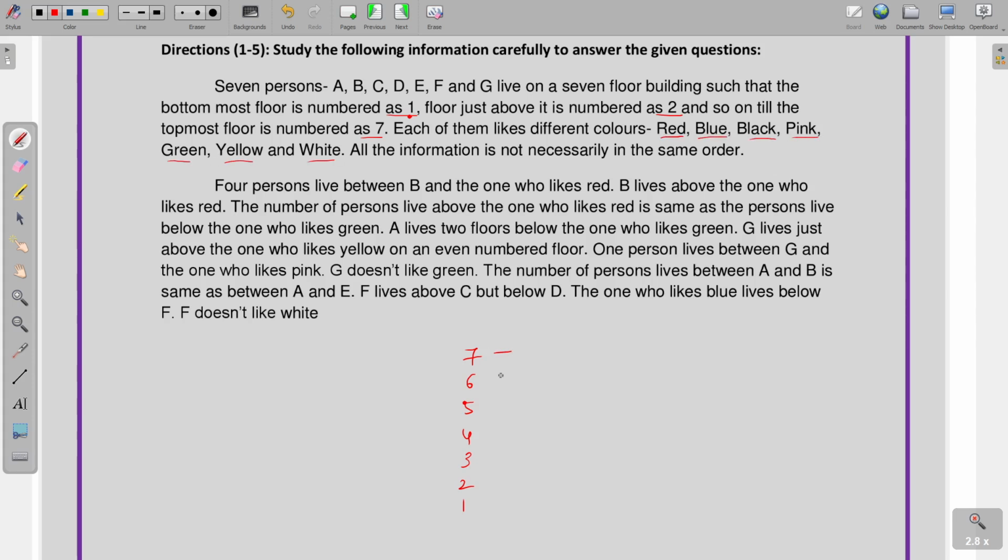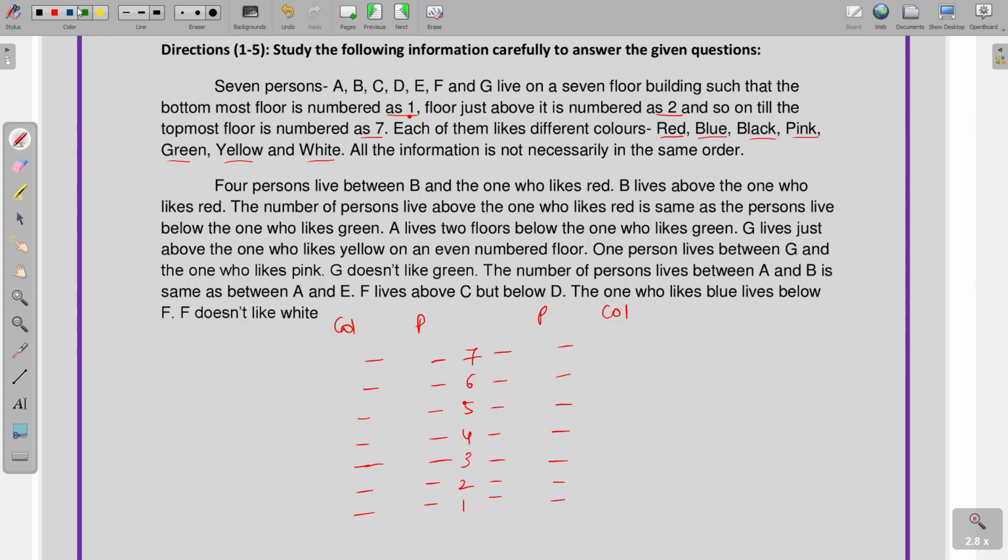Okay, so a 7-story building, 7 persons and 7 colors, and also a second possibility, and 7 colors. Okay, here the colors are forming.